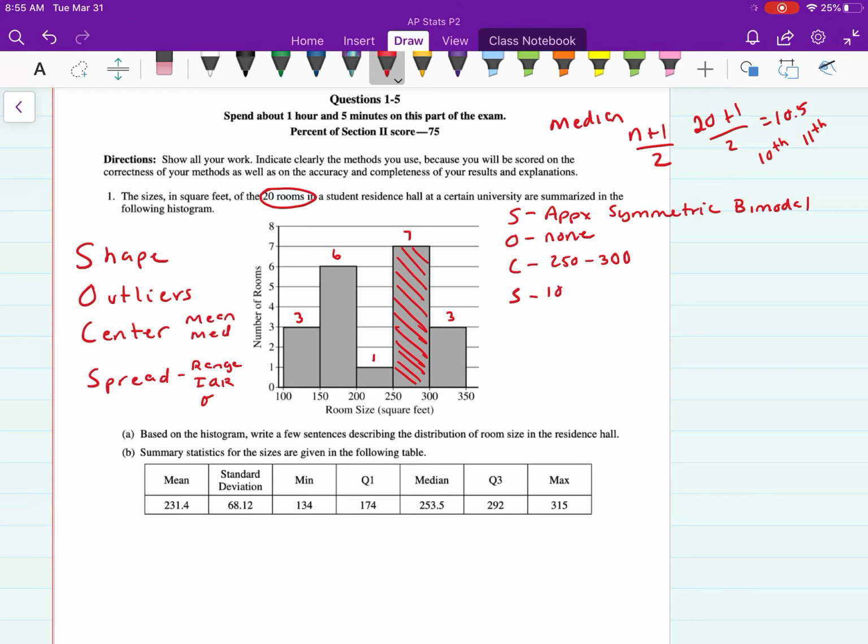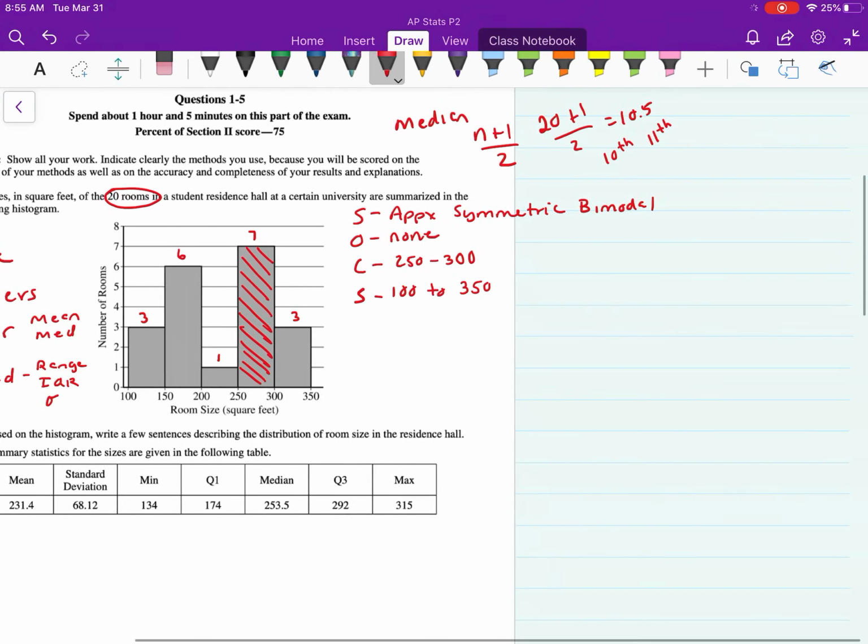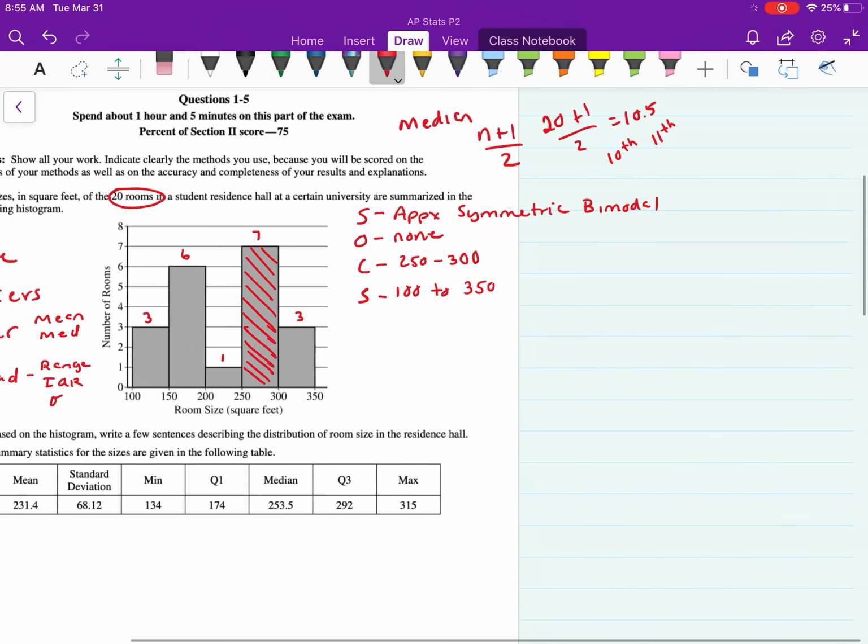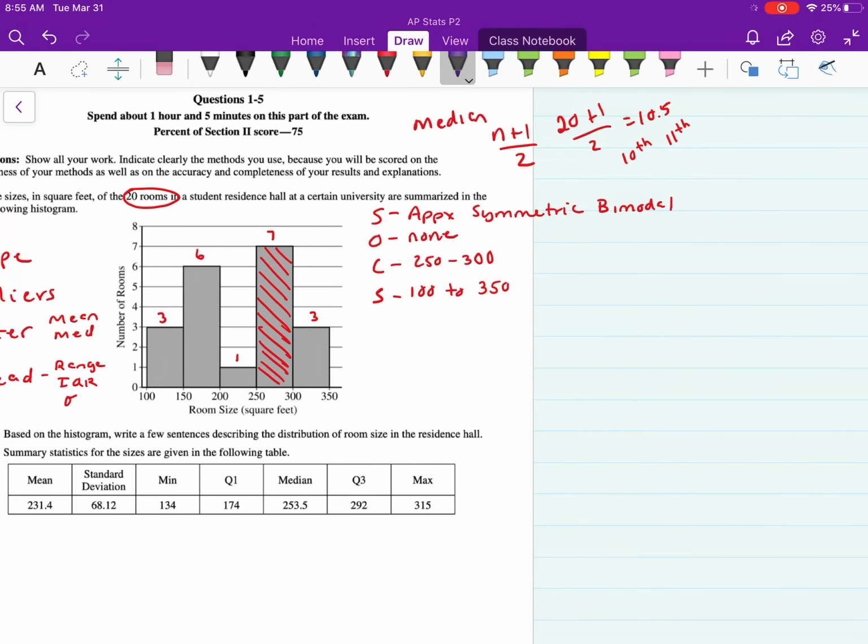And for the spread, I'm just going to use the range. The range goes from 100 to 350. And now we have to put that into a few sentences.